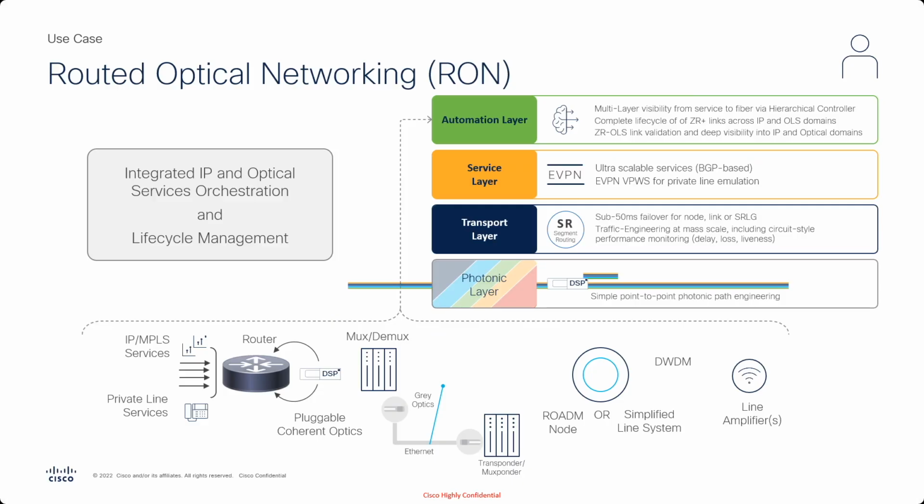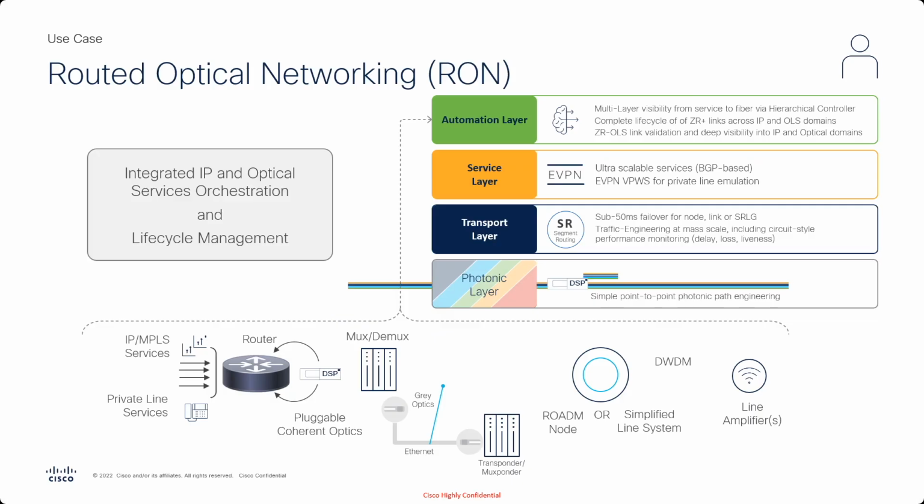So if you look at a holistic network with packet and optical, now the optical is becoming the majority of the cost of your network, while the silicon, if you look at the capacity or the cost per bit, is decreasing dramatically. This is the reason why we started a few years ago to design this network that we call routed optical networking, which takes a lot of optical elements that build a traditional transport network directly into the routers. So nowadays, potentially you don't need to deploy transponders.